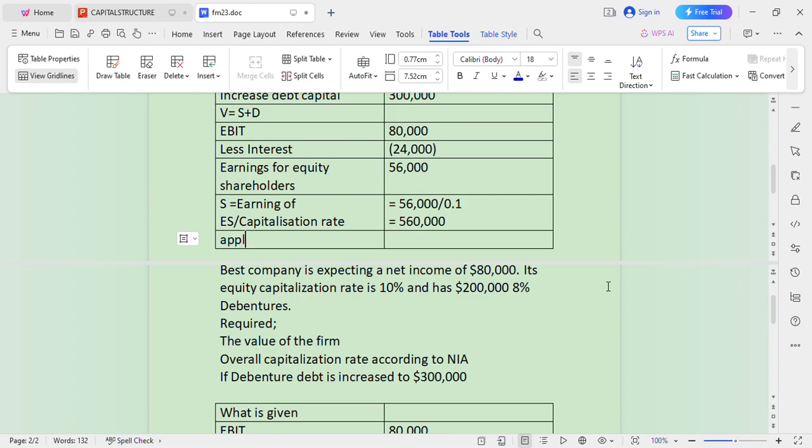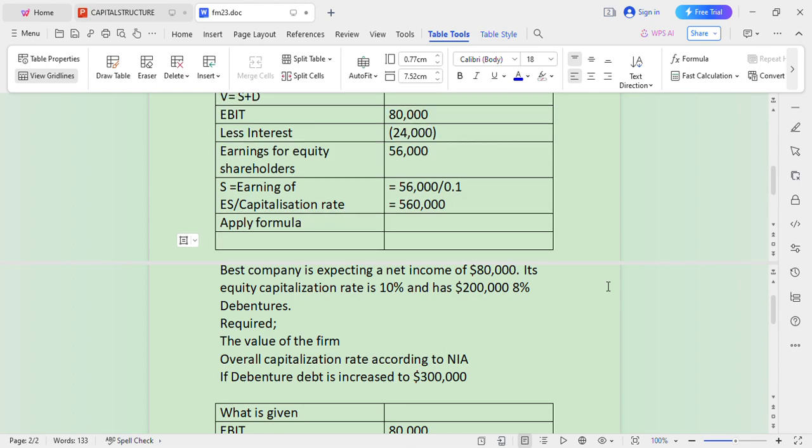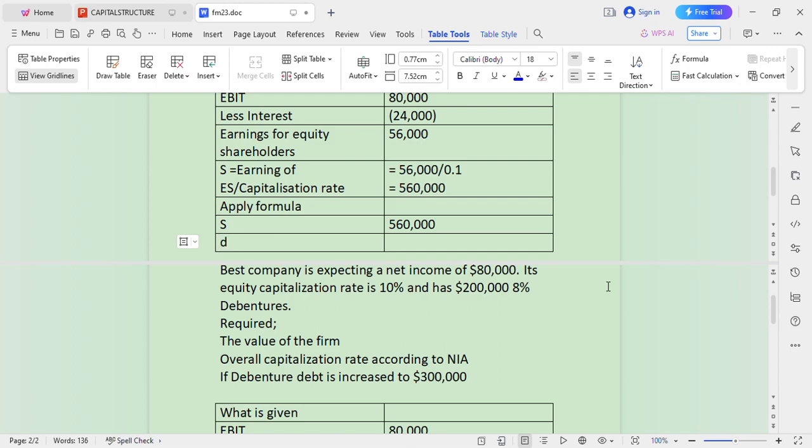So apply the formula to get the value of the firm. S is how much? 560,000. D is how much? D is the debt capital. Equity capital is 560,000.